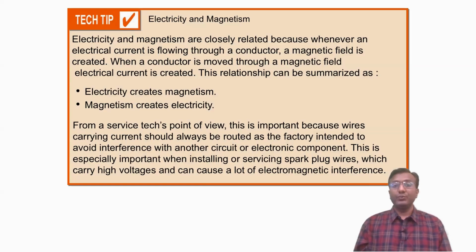Conversely, moving a conductor through a magnetic field generates electrical current. This relation can be summarized as follows. The first relation is electricity creates magnetism, and the second relation is magnetism creates electricity.